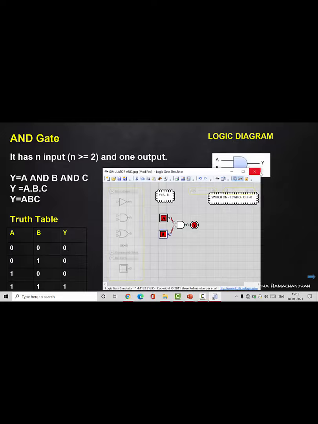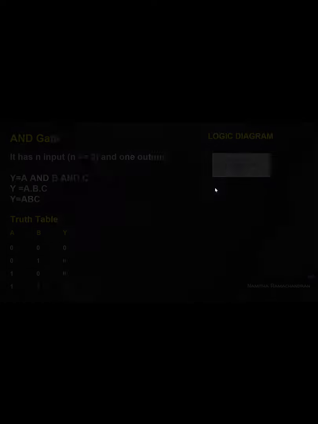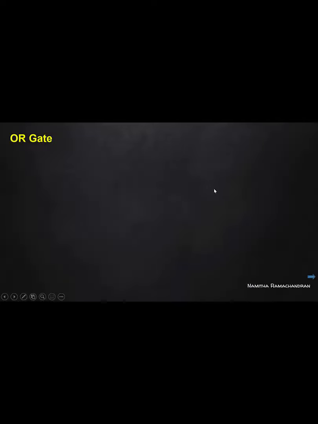Okay. So next we can consider our next gate, that is the OR gate. The OR gate is also like our AND gate. It has n inputs with n greater than or equal to 2 and it generates only a single output.